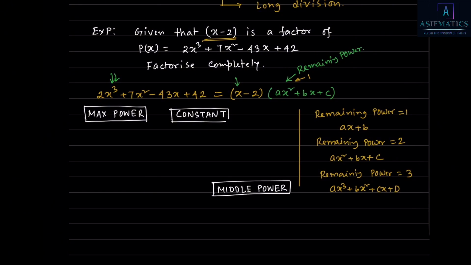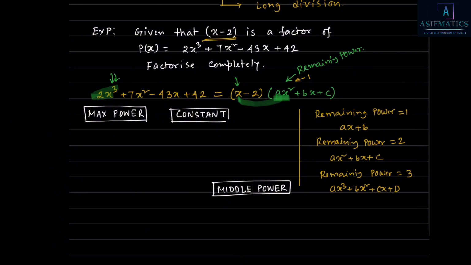First, let's see the maximum power. Here we have the maximum power, which is 2x cube. If you multiply ax square with x, you get your maximum power. So these two can be equated.